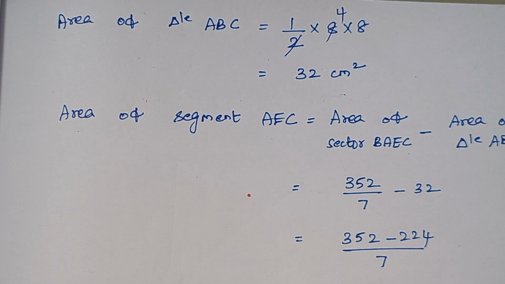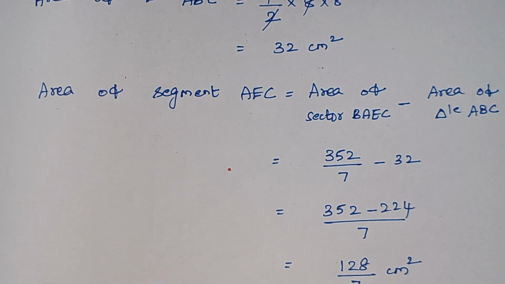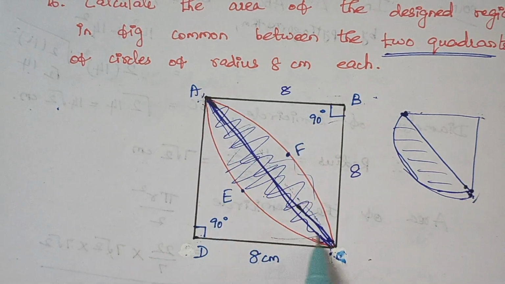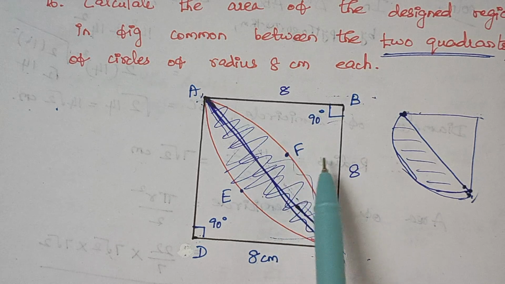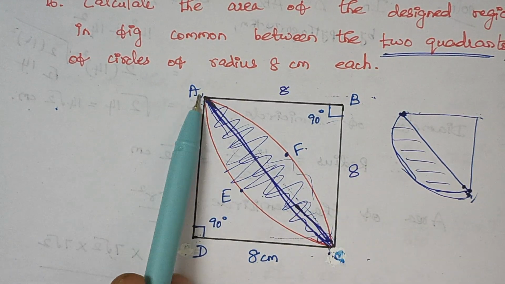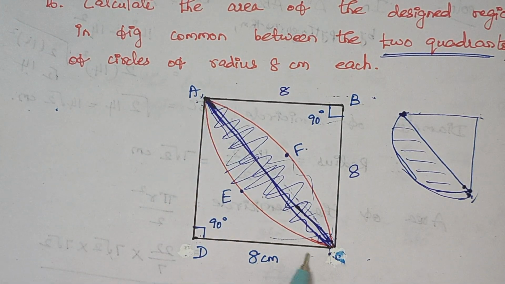Right. So now as I just explained, we are going to find the area of this segment. Let us again look back at the problem. So you see now I know the value of this sector, I know the value of this triangle. So when I subtract the area of triangle from the area of the sector, I can easily find the value of AEC, this part, right?